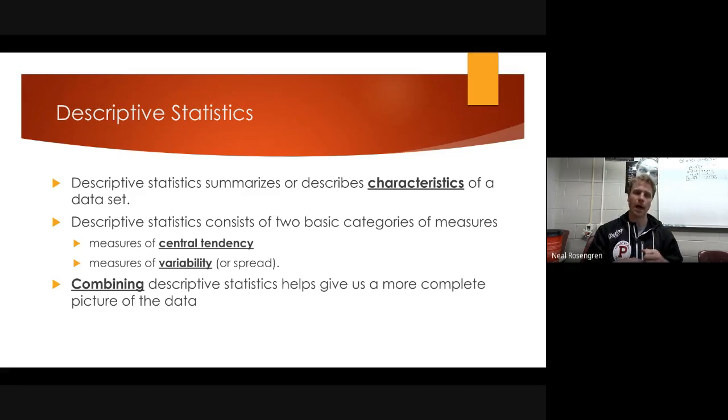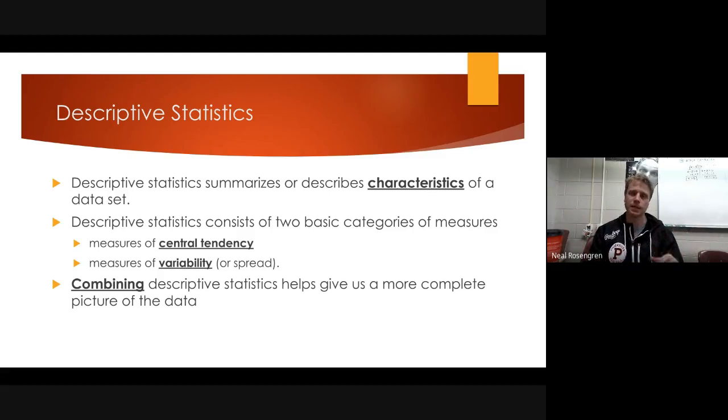Two basic categories: measures of central tendency. In other words, where's the center and how does the data fall around that center? Is it all really close? Is it super spread out? Is it all lumped onto one side of the center and then there's just a couple points down here, or vice versa, right?